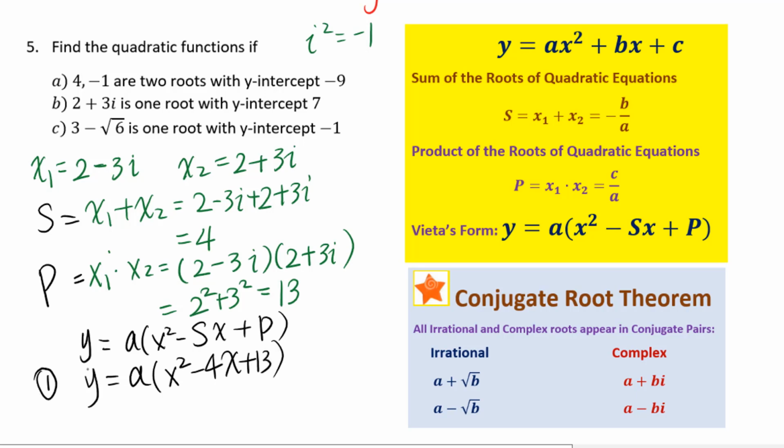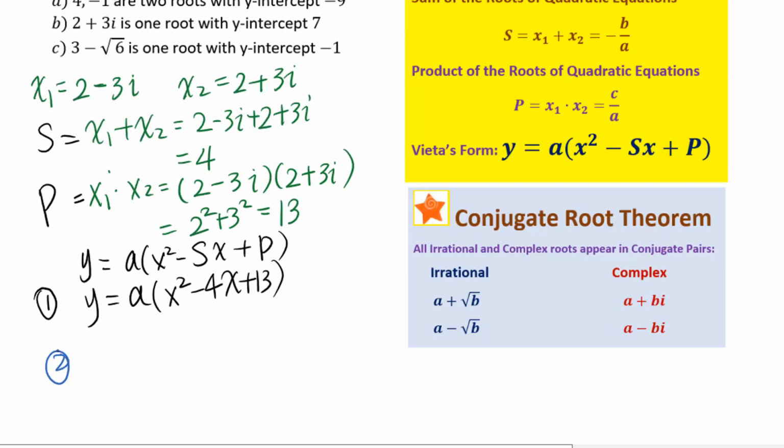This is the first step. Second step: since the y-intercept is 7, we can write down (0, 7). This is x, this is y. We do the substitution. 7 equals a times 13, because x squared minus 4x will be 0. So a equals 7 over 13.